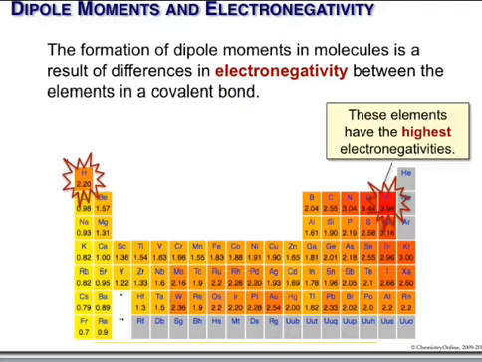Now, why is this important? Because this generates what we'll call a polar covalent bond. You'll see that polar covalent bonds are actually the origin of chemical reactivity. So this is kind of a why. Why do things react? Polar covalent bonds are a big part of that.